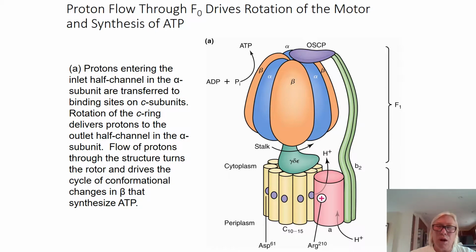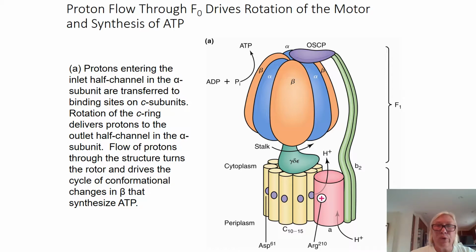But here in the F0 portion, we have an A unit, and we have C10 through 15. So the hydrogen ions enter an inlet and are transferred then to a protonable aspartic acid residue in the C units.